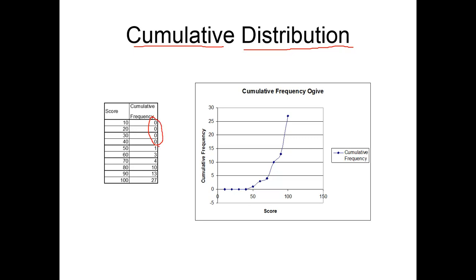Nothing happened below 40. I had one person make a 49. I then had 3 people who made less than 60, 4 people who made less than 70, 10 people who made less than 80, 13 people made less than 90, and then 27 people made 100 or less. Okay, and so that's how this is broken up.